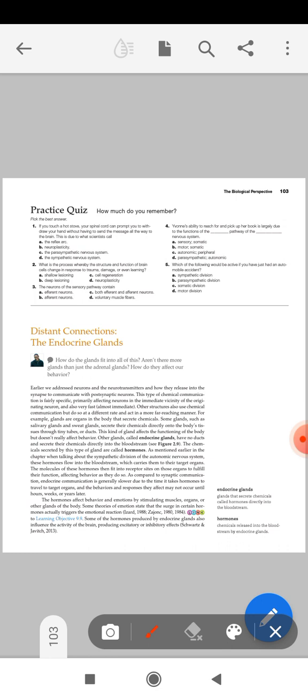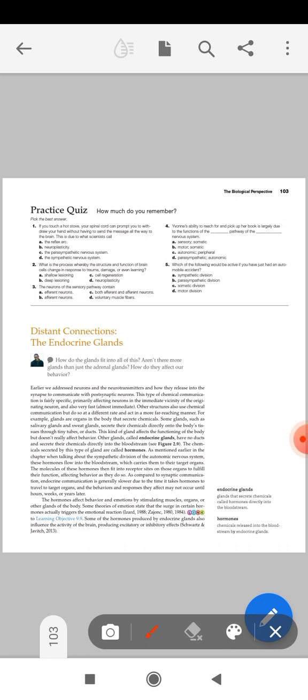So we had left our topic here, that is on endocrine glands. But before we go deep into endocrine glands, let's understand what is under endocrine glands. First of all, what are glands?